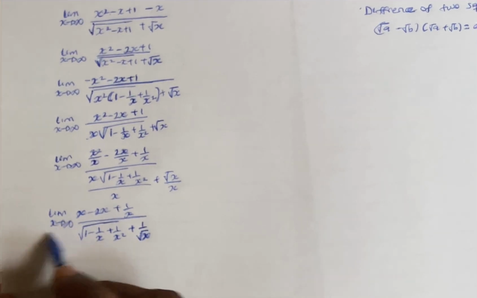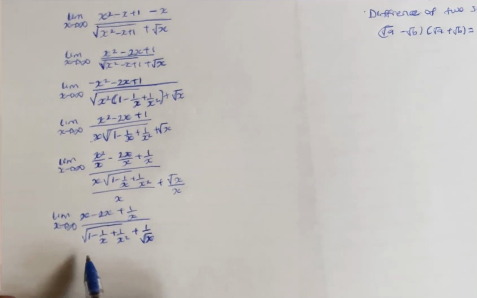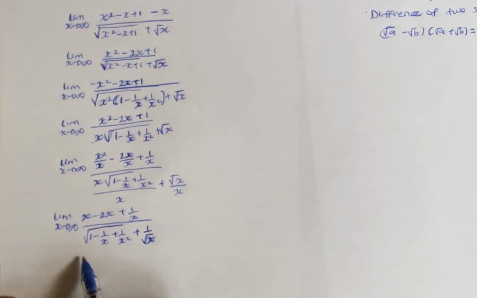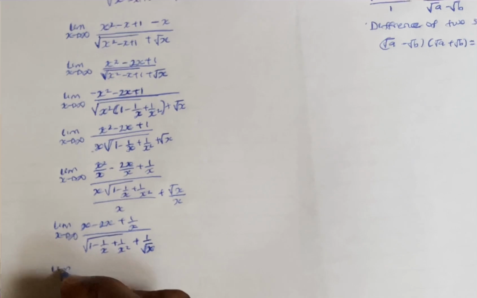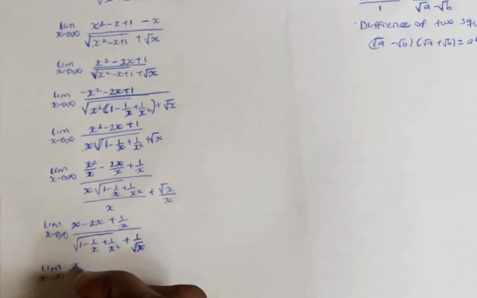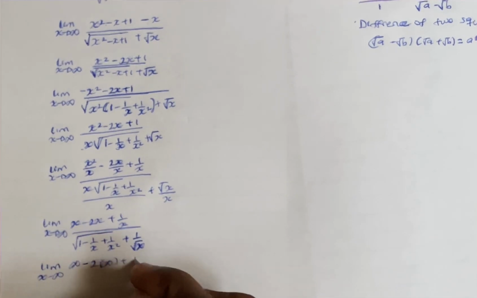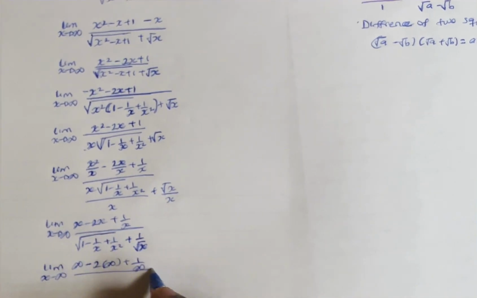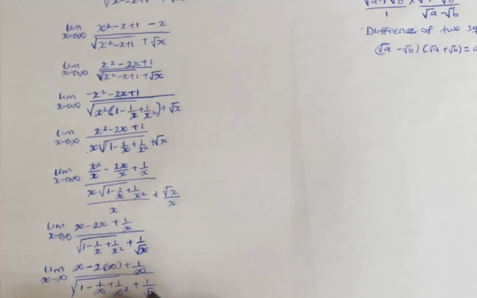Now we can substitute infinity for this one. If we substitute infinity for this particular question, we're going to have limit as x approaches infinity, infinity minus 2 into bracket infinity plus 1 over infinity, all over square root of 1 minus 1 over infinity plus 1 over infinity squared plus 1 over square root of infinity.